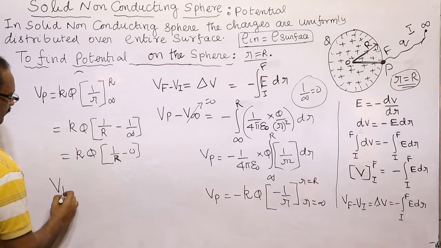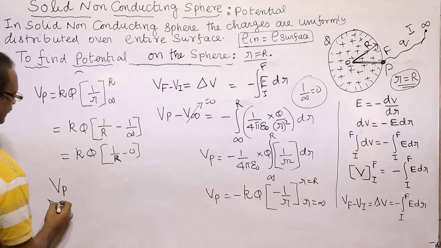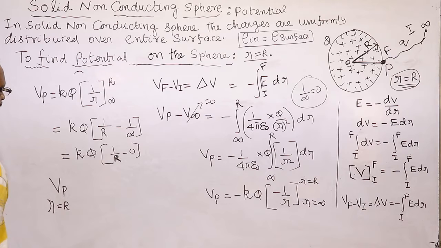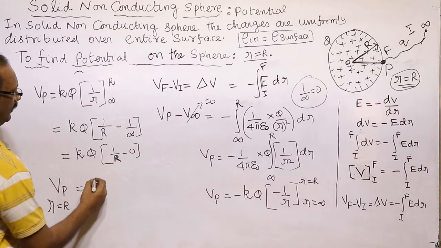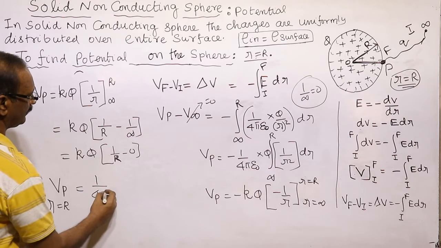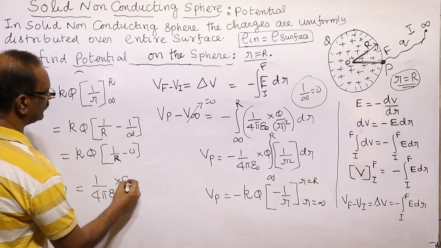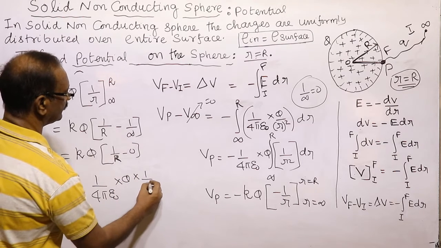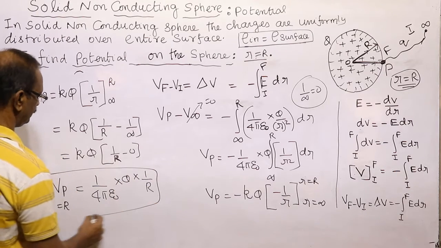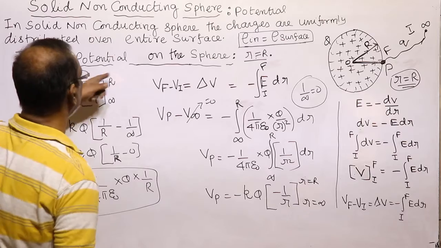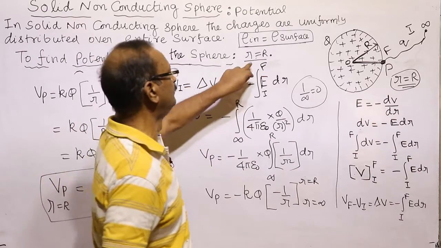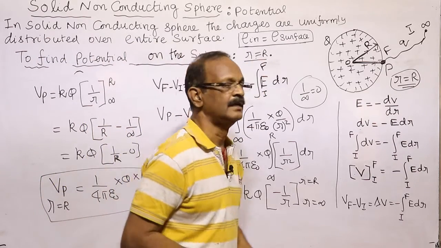So the potential at point P, where the distance is the radius itself, is equal to k, which is 1 by 4 pi epsilon naught, into q into 1 by r. This is the potential on the surface of the sphere, where the distance is equal to the radius of the sphere.